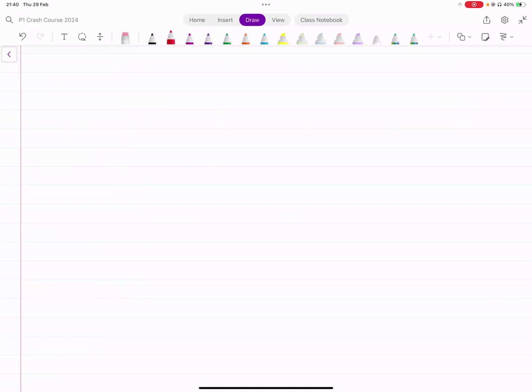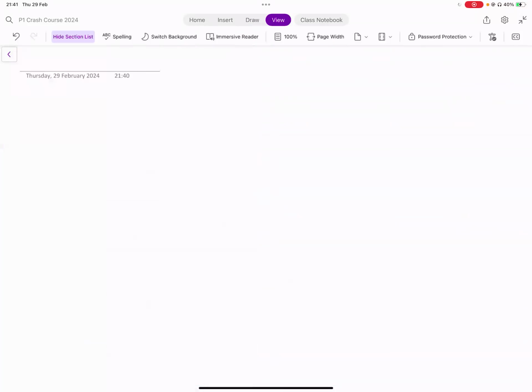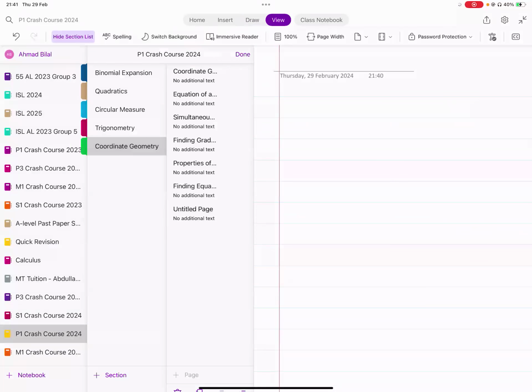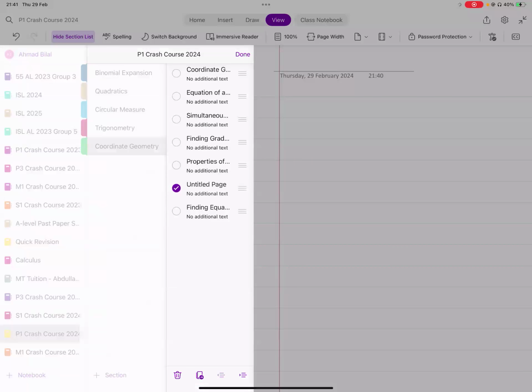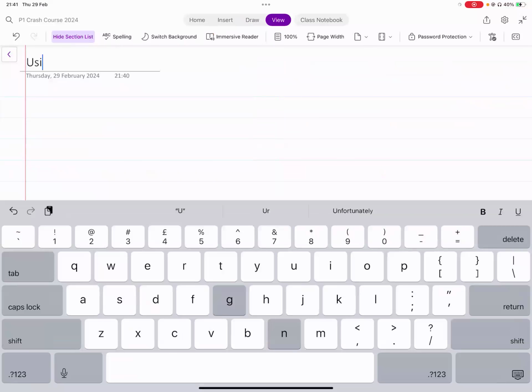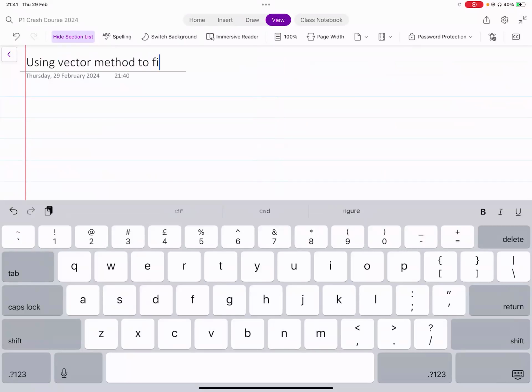So sometimes what happens is, you can actually add another page for this, as a separate page in your notes. Using a vector method to find coordinates of a point.